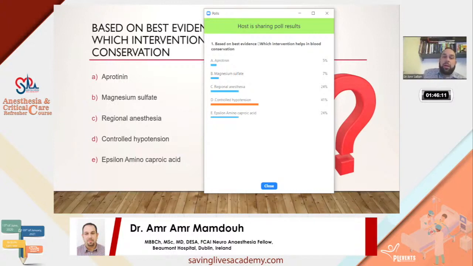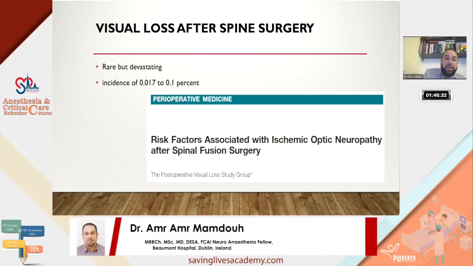We are not using controlled hypotension. It doesn't have any proven evidence of benefit to the patient, and again, we are trying to avoid high blood pressure. Epsilon aminocaproic acid still has controversial studies, but magnesium sulfate in fairness has shown benefit.